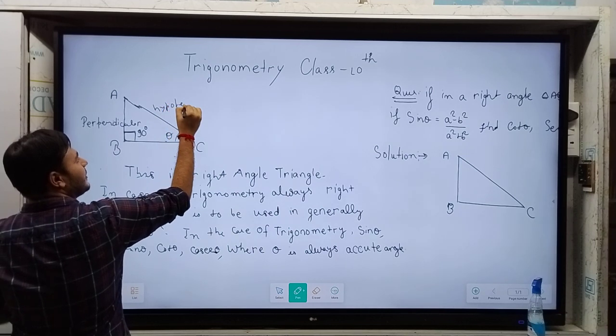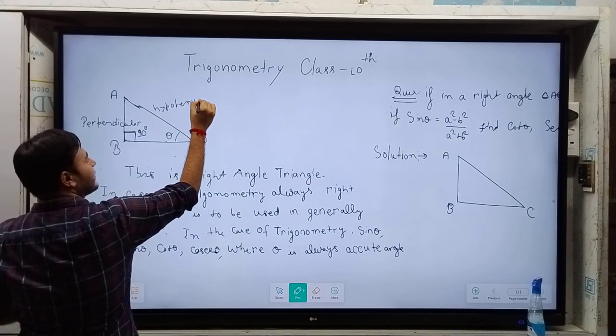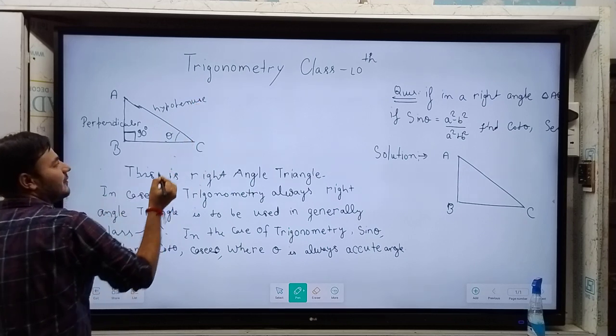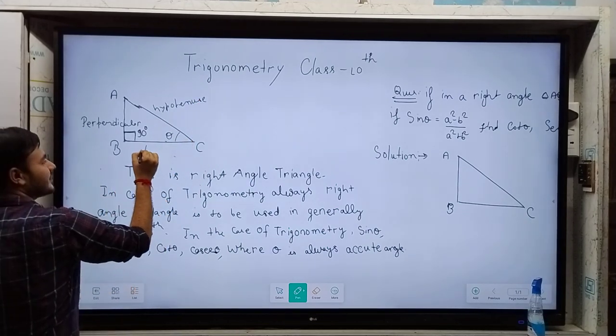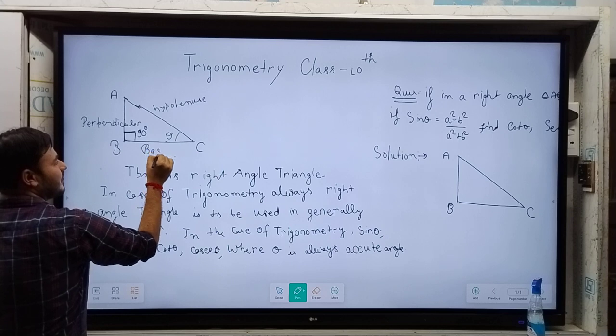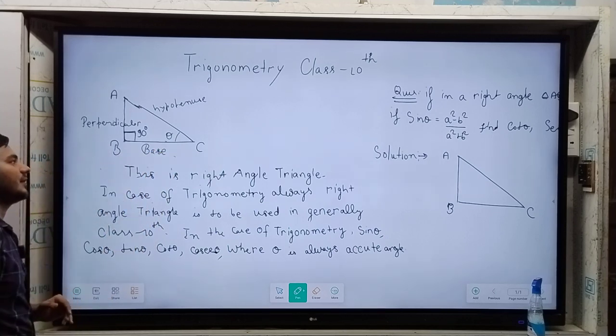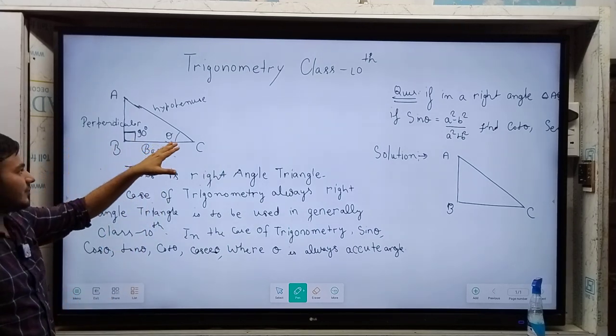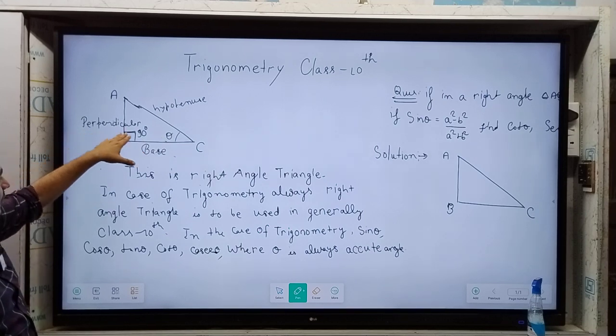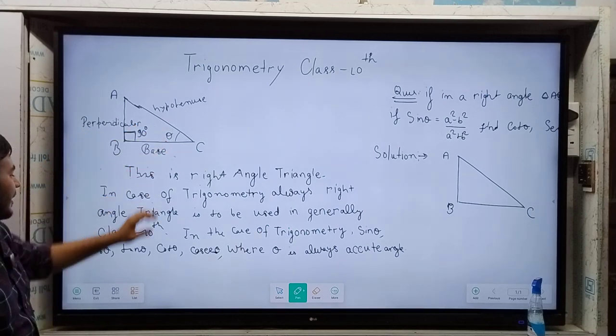The third side is the base. So the three sides are perpendicular, base, and hypotenuse.